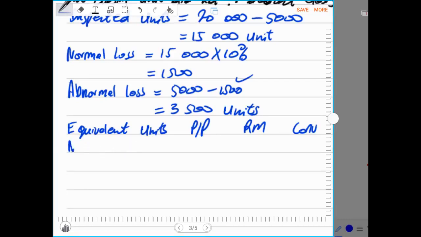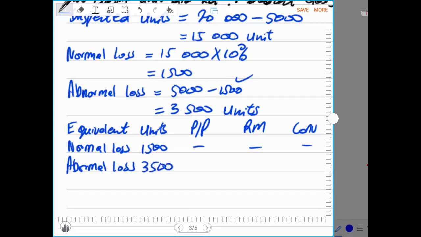Normal loss does not get to be recorded. Our normal loss is 1,500. More than 99% of the time it will stop here. It's only the abnormal loss of 3,500 that will be recorded throughout.